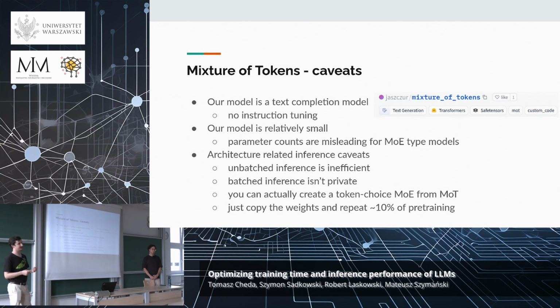Unbatched inference is inefficient because we need to group those tokens to get the compute savings. If you're trying to just do inference on a single example, you're going to have to use a lot of padding, and you don't get those same compute savings there. And if you do batched inference, this isn't private.